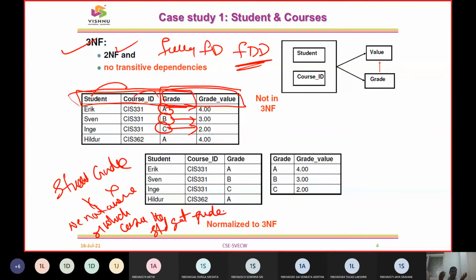We know that a student will get a grade, that is a universal fact. But which course did this student take, whether it is a DBMS course, a FLAT course, or an AI course? We are not aware of it. So to which course the student got a grade, that is an ambiguity, that is a fishiness there. So we can't put student and grade into a single table. So now, what is this value and grade here?